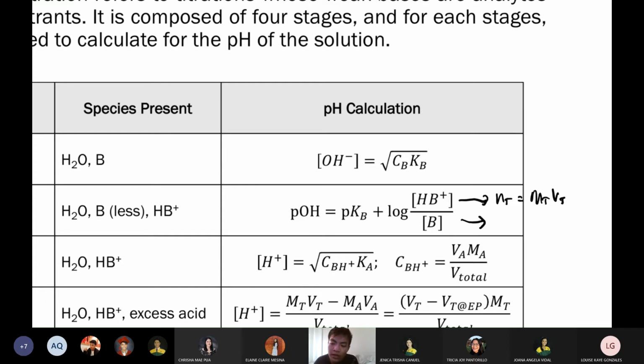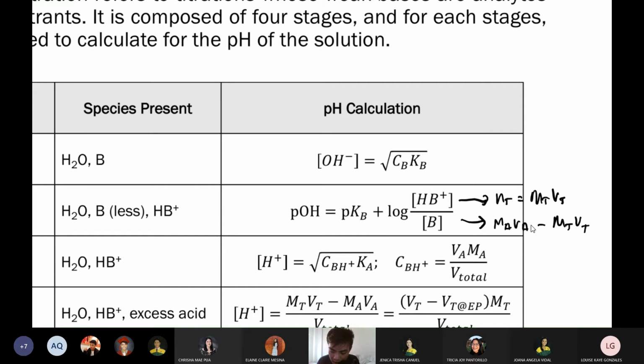In equation, that can be written as MAVA minus MTVT. I subtract the two moles so I will know how much base is remaining in the solution. Are we clear here? It is the same as before. pKb is just the negative log of Kb.